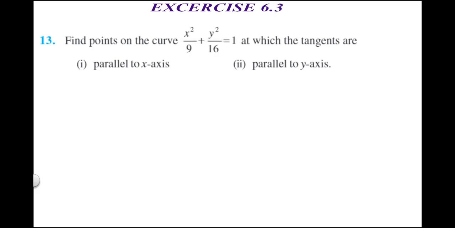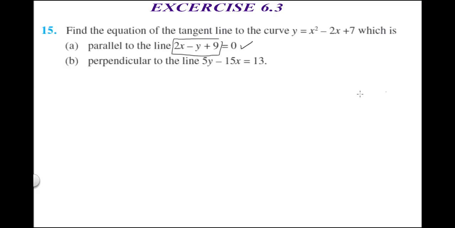So the next question is here, question number 15. In the A part, it is given that we have to find the equation of the tangent line. The tangent equation is y − y1 = m(x − x1), where m is the slope of the tangent. The curve equation is y = x² − 2x + 7, and the tangent is parallel to the line.